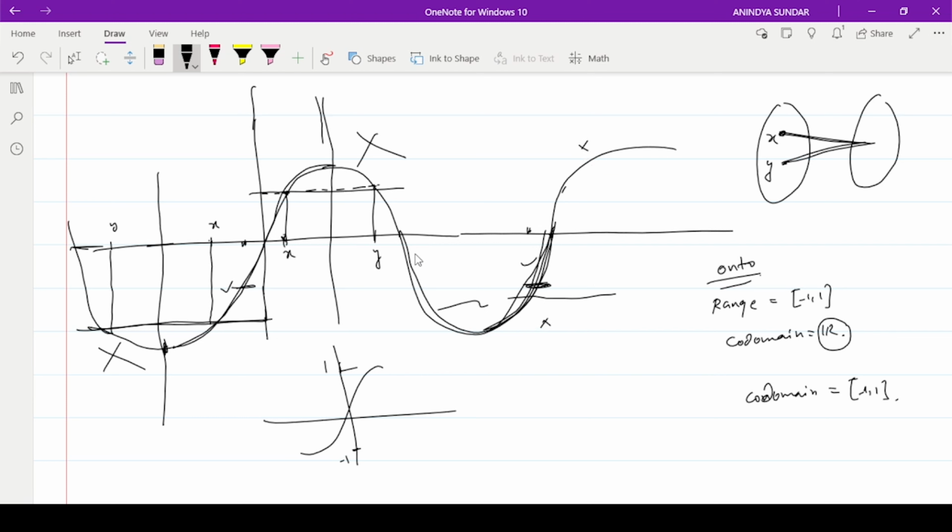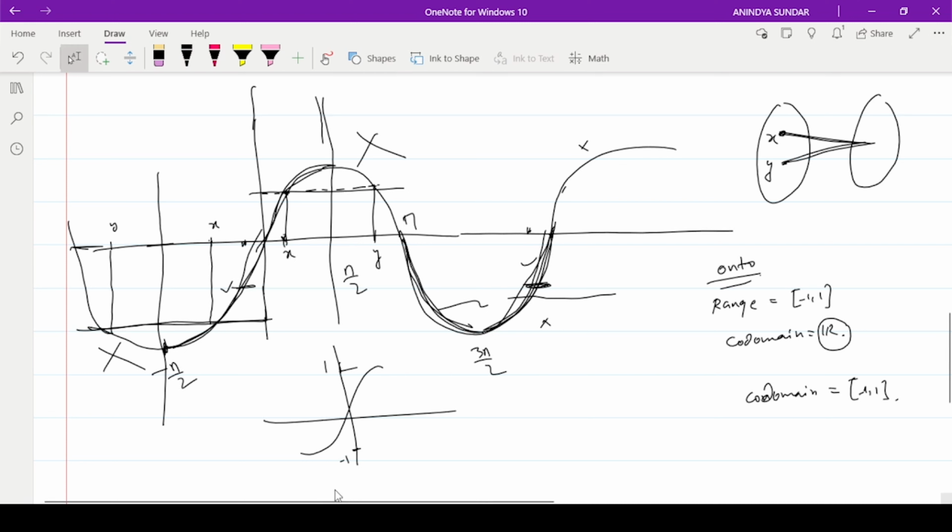Okay, now what is the reason that I should also remove this portion? If I take this portion from minus pi by 2 to pi by 2, I also have to remove pi to 3 pi by 2. Why should I remove that?